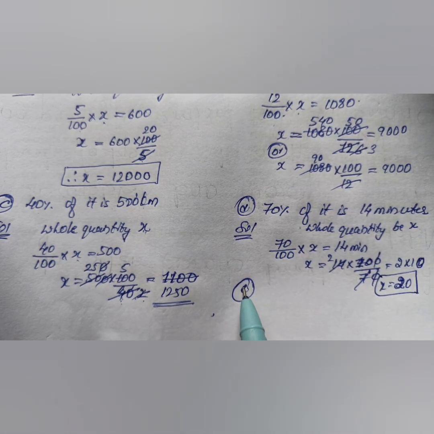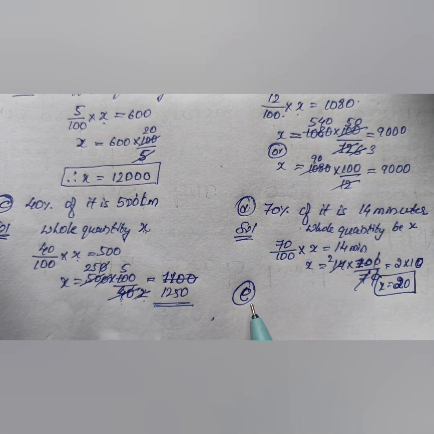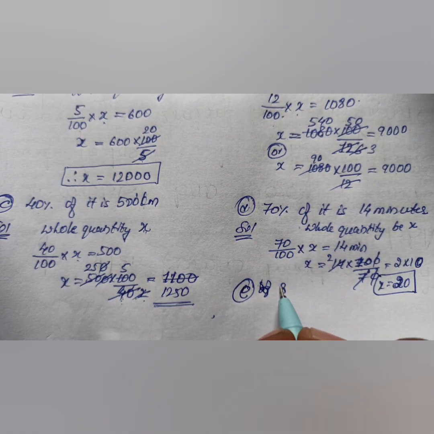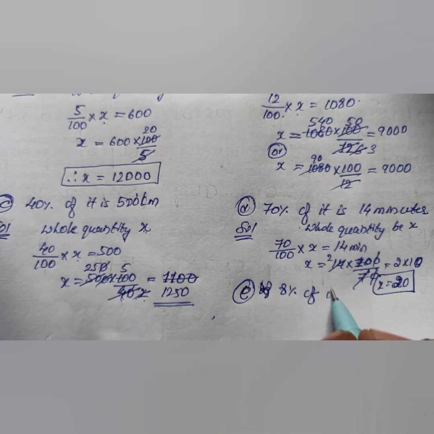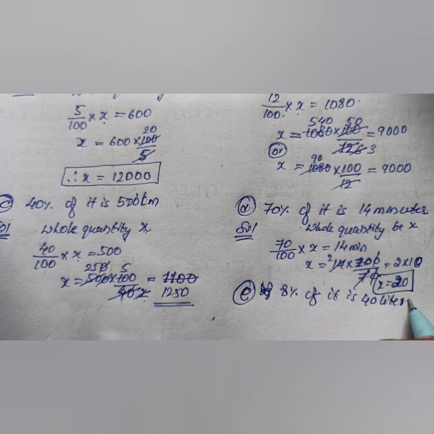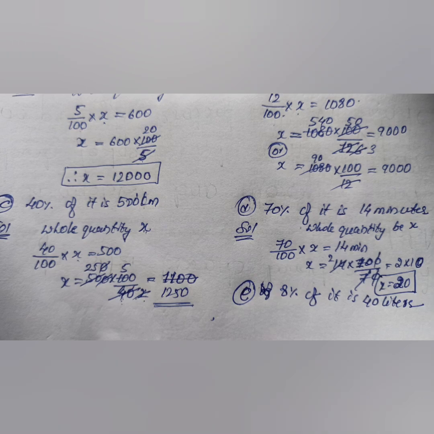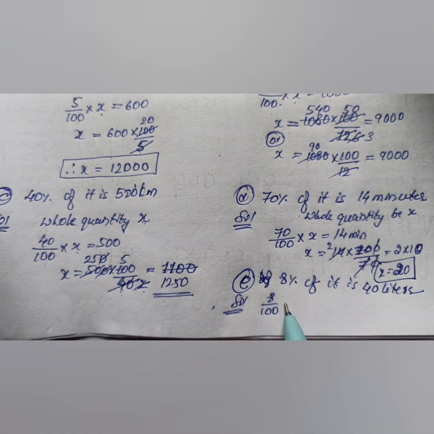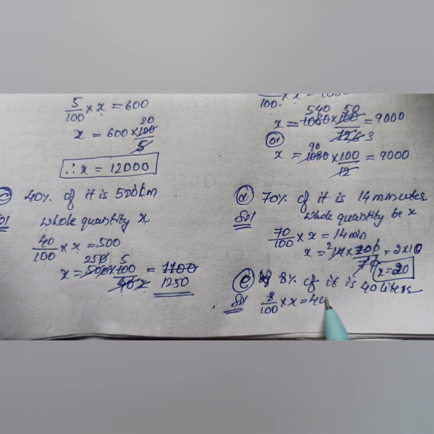Let's calculate E part. 8% of it is 40 liters. Now let's calculate the solution. 8% means 8 divided by 100 into x is equal to 40.